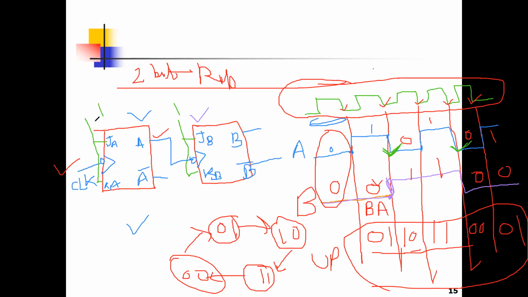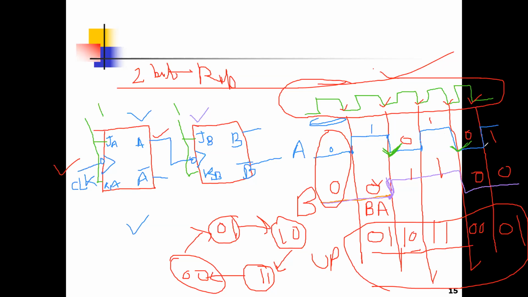One thing you didn't ask me, the other group girls, they asked me why J and K are connected to 1. Do you know, girls, for this ripple up counter, we need to connect J and K both with 1. Because for this waveform, if you can see the waveform, we need 1, 0, 1, 0, 1. So I am going to use the property of the JK flip-flop: whenever J and K are connected to 1, 1, it gives me the complement of the previous state.